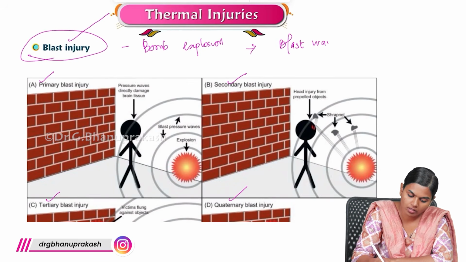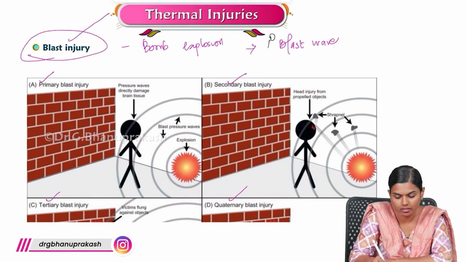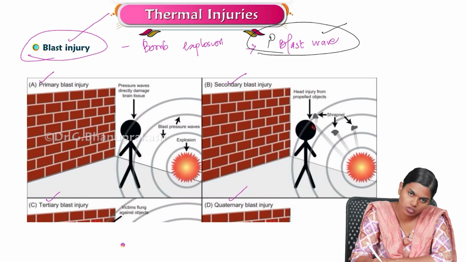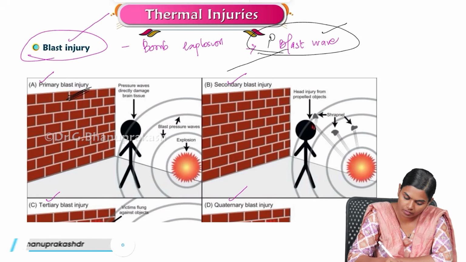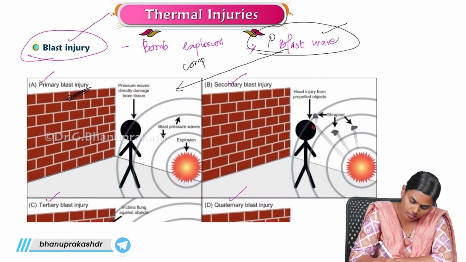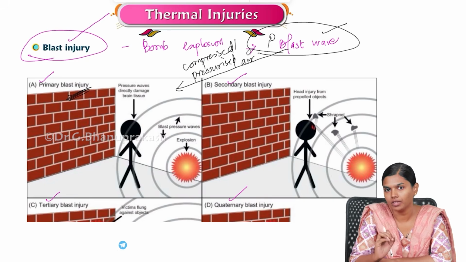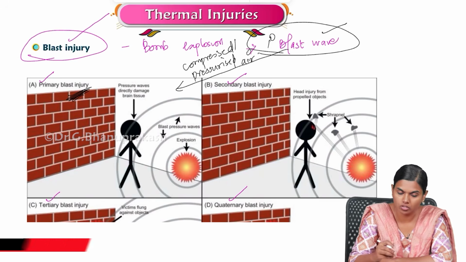This is the primary thing that will cause all the issues, and this blast wave injury is known as primary blast injury. When this blast wave, that is compressed or pressurized air, comes and hits you, it will cause certain injuries in your body, known as primary blast injury.